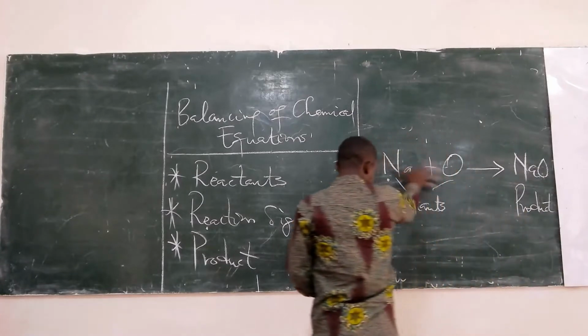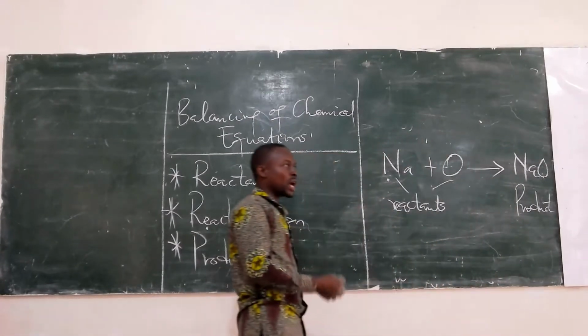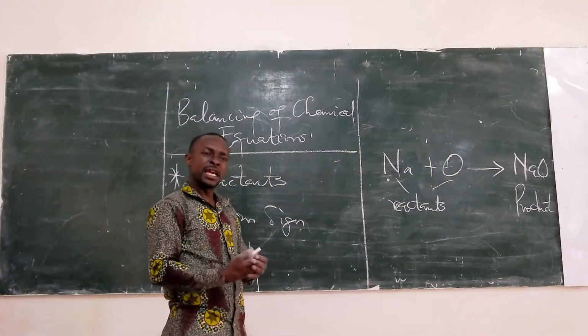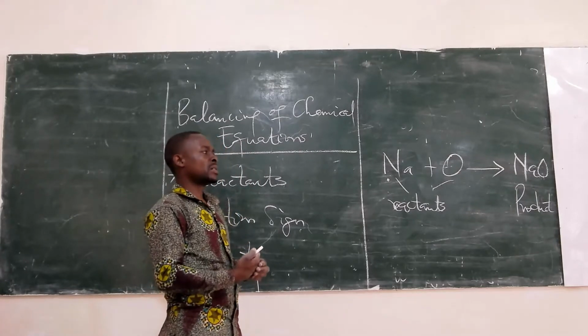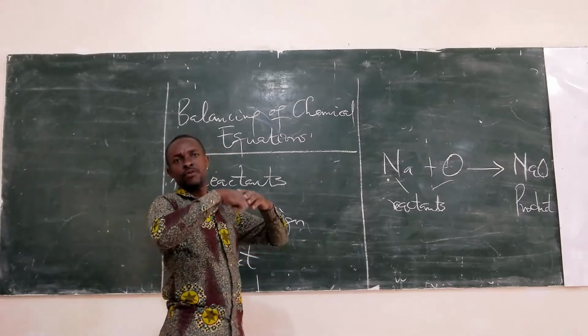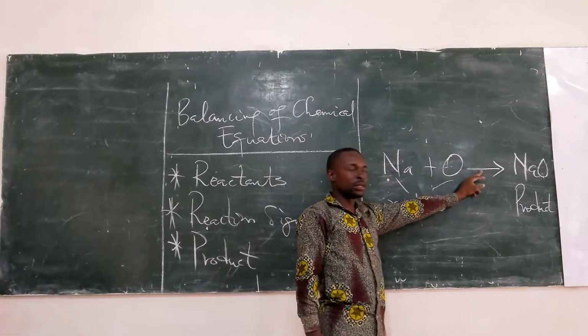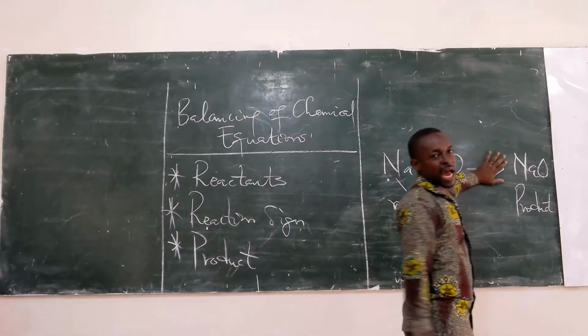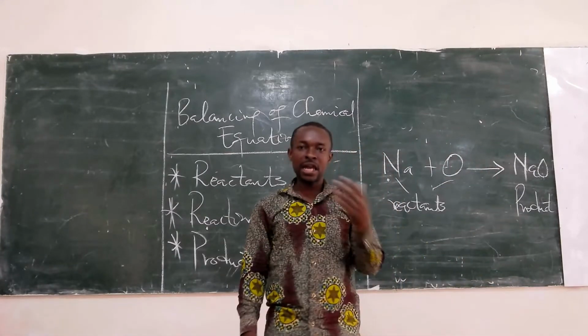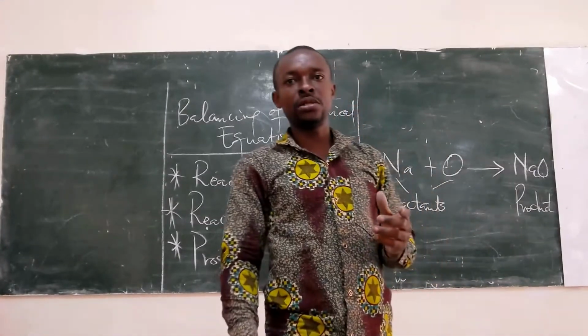So if you look at this equation, before we can call any chemical elements forming an equation, there must be a reaction sign. So without this sign, you can't call it what? A chemical equation.